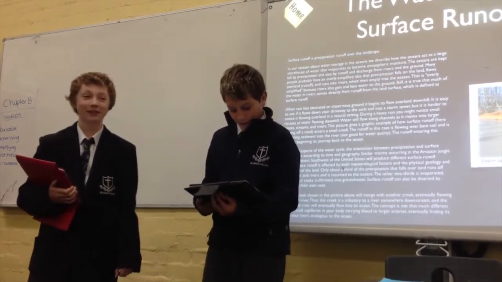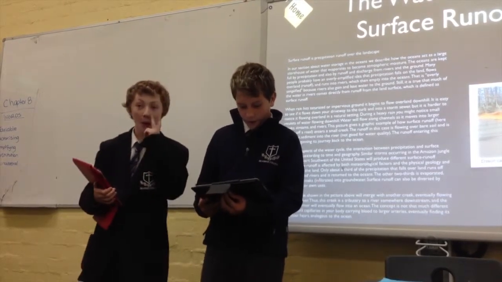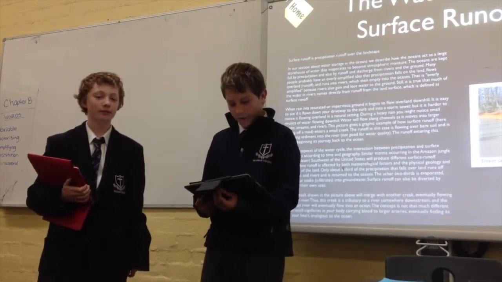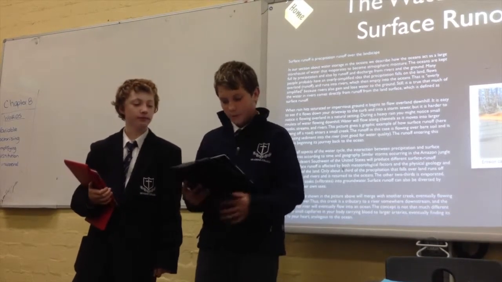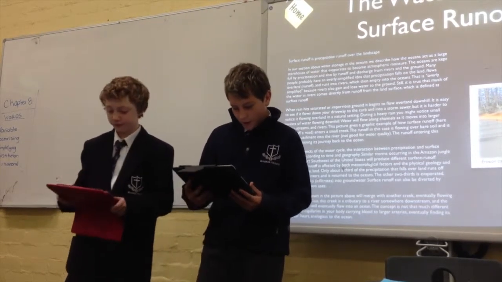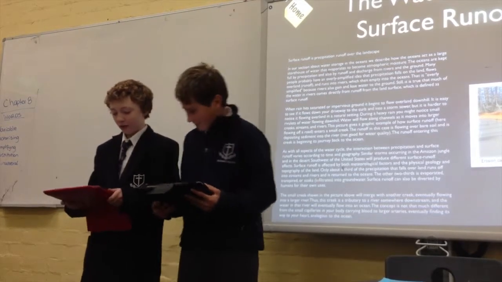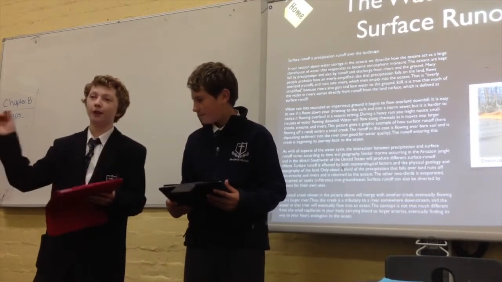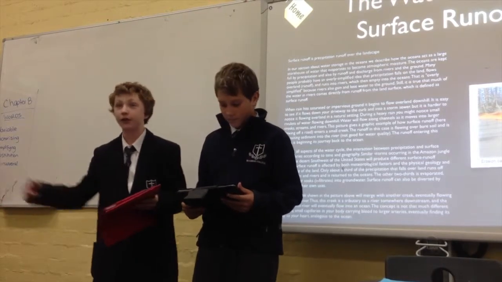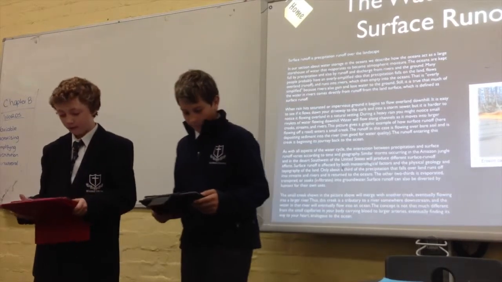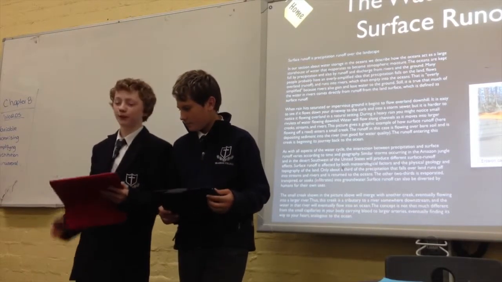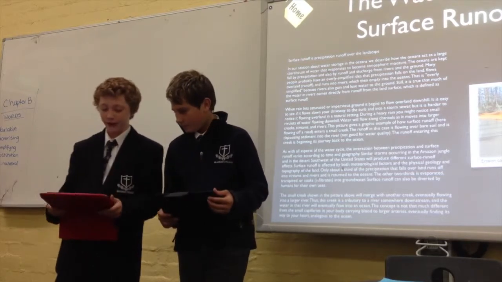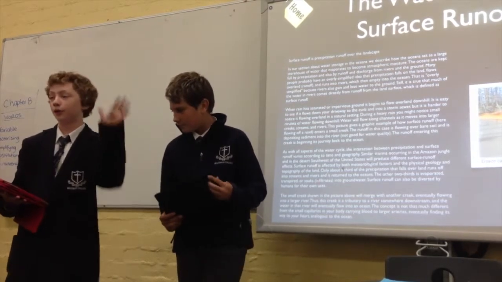Fantastic. That then flows to a lower part of the mountain into a big pool of water. A good example is when water flows down from your driveway into the curb down to the gutter. Surface runoff is really important because if we didn't have surface runoff, we wouldn't have waterfalls.